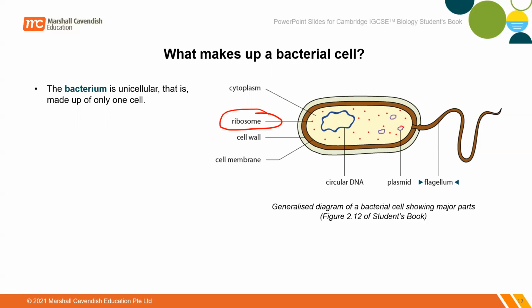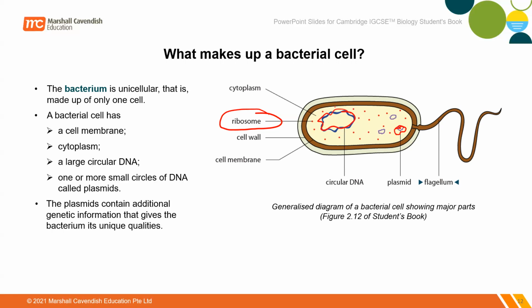Then a plasmid, or section of DNA, and we will talk about plasmids in the last couple of topics, because this is genetic material in bacteria that is super beneficial for humans. The DNA, as we said before, is circular DNA, not linear DNA like the animal cell.